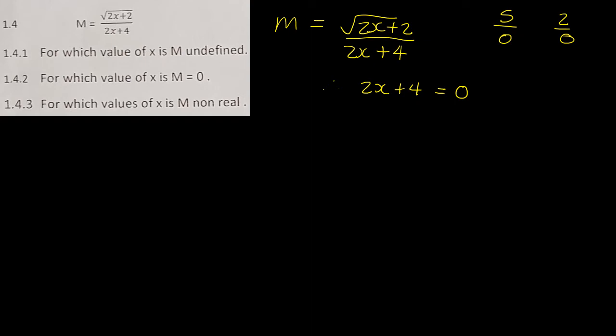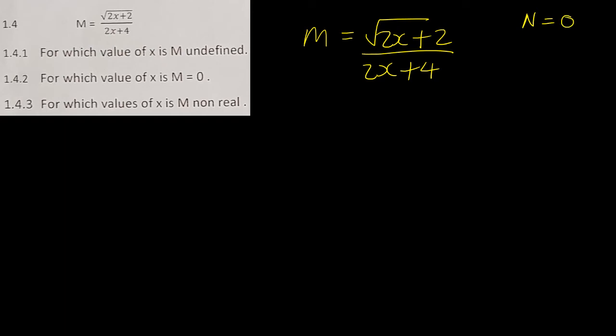So we solve for x. We have 2x is equal to -4, and we divide both sides by 2, and x is equal to -2. And if we substitute this -2 into the 2x plus 4, which is our denominator, we will arrive at an answer of 0. So therefore this is the value of x for m, this entire question, to be undefined.